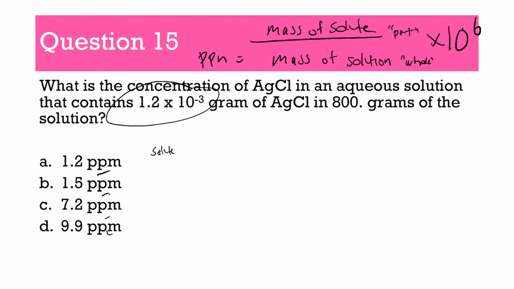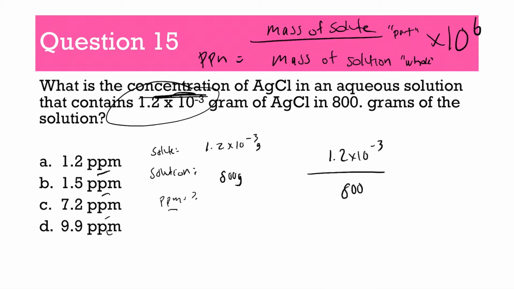So I like to write it out as our solute, our solution, and then we're looking for ppm, or the concentration. So we're given 1.2 times 10 to the negative 3 grams of what's being dissolved in 800 grams of solution. So then it's just 1.2 times 10 to the negative 3 over 800 times 10 to the 6th.